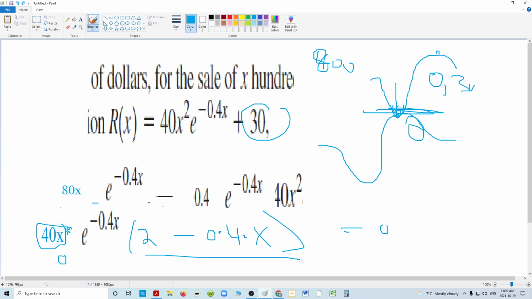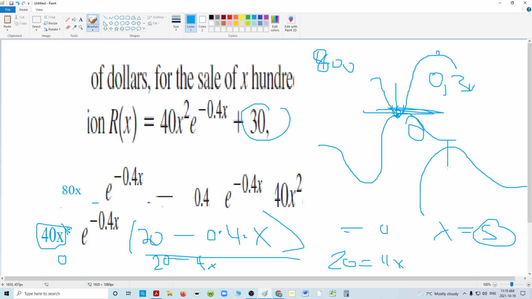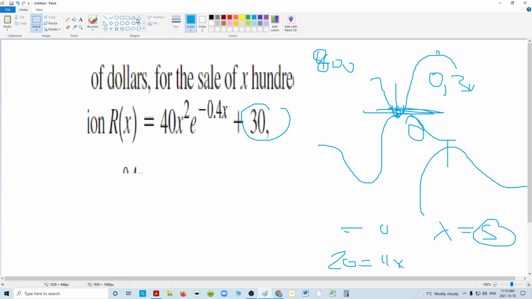And then when I set this to 0, if I multiply both by 10, I get 4 at 20 minus 4x. So you get 20 is equal to 4x. So it's clear when x is equal to 5, we will maximize the profits. When I plug in 5 here, 5 times this is minus 2.